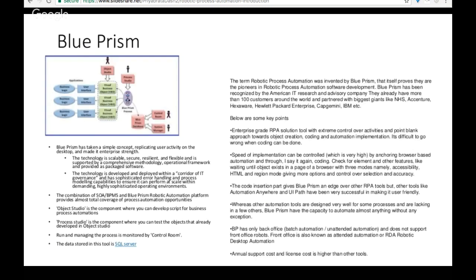Another is Blue Prism. I will tell you that one of the first process automation tools that coined the term robotic process automation was Blue Prism. Blue Prism has a much different design philosophy than UiPath or WinAuto. Their philosophy is pretty simple. They don't provide macros. They have a concept of object-oriented processes.